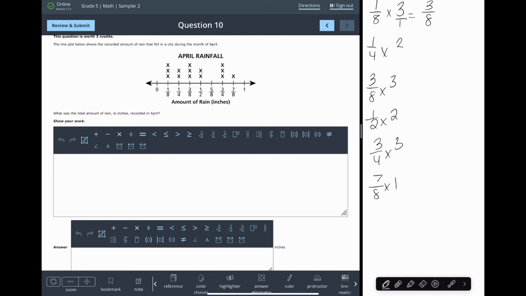So I have 3/8 plus 2/4 plus 9/8 plus 2/2, which is equal to 1. That's good. That's all I want. Plus 9/4 plus 7/8. All right, so I have a lot of numbers to add here.